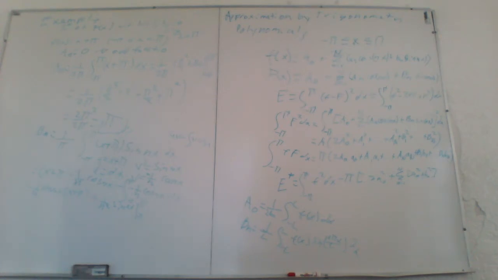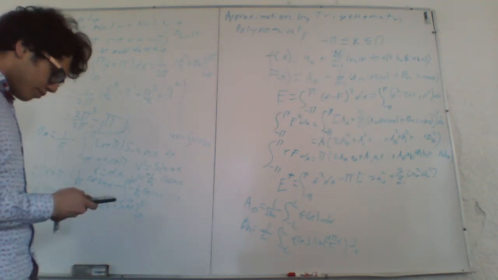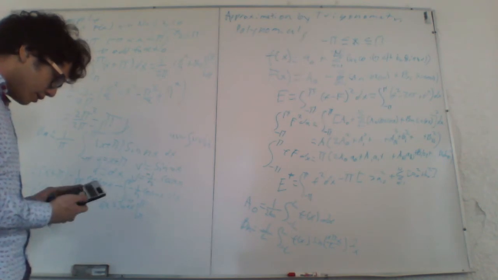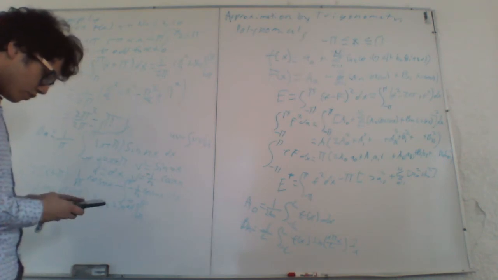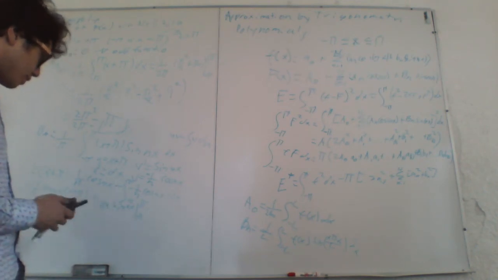So for this reason, the answer of this, we are going to check. The sine of pi is 0. Sine of minus pi is 0. So this is 0.